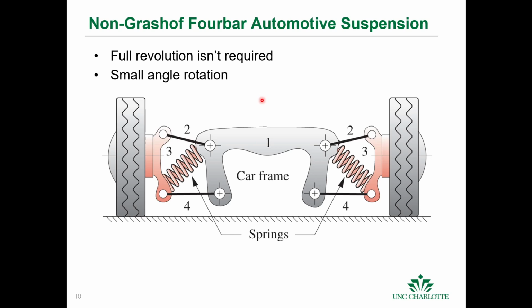And so you get small angle rotation about the frame, and you have a very nice suspension ability to take road inputs. Okay, and you see the 4-bar is here, between here, here, and here. Okay, so you have 2 4-bars. In this case, we just have these small rotations.